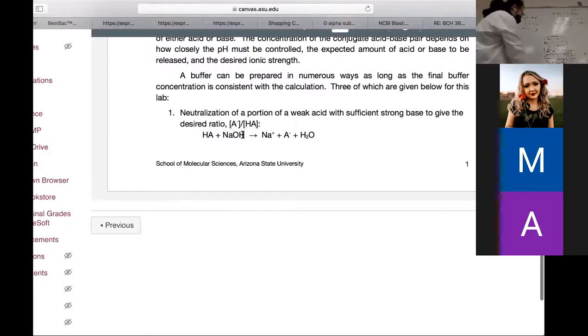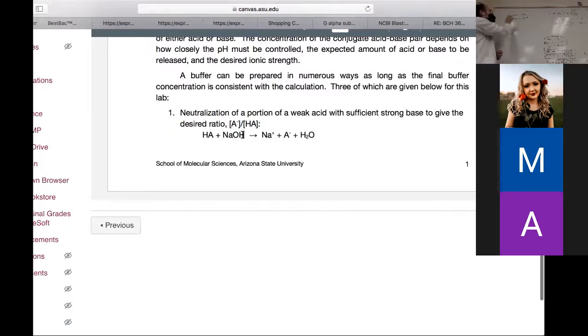The weak acid today is potassium phosphate monobasic.